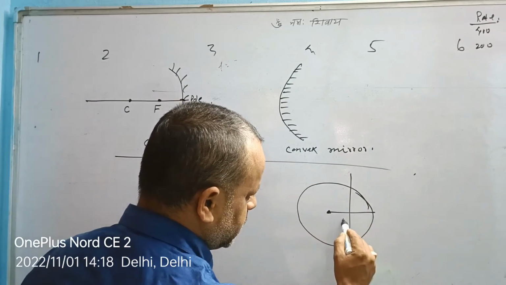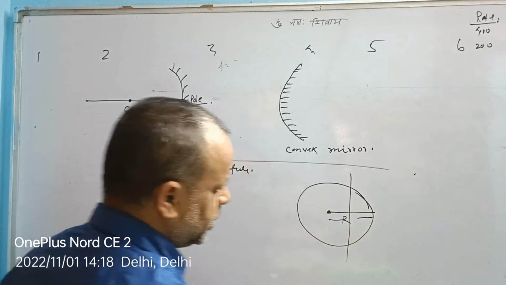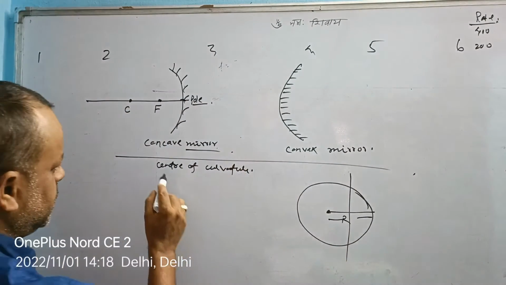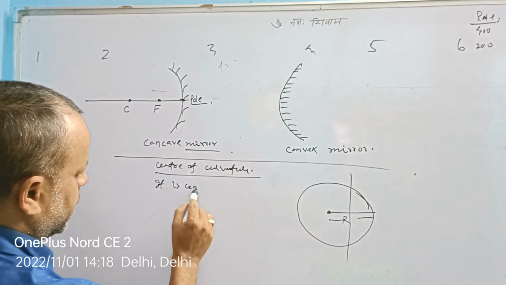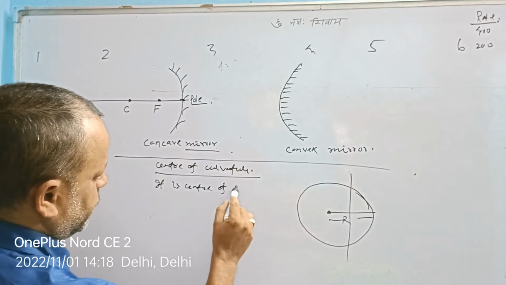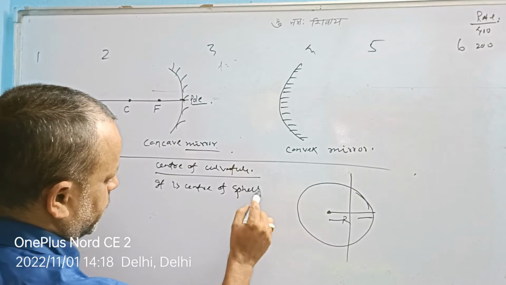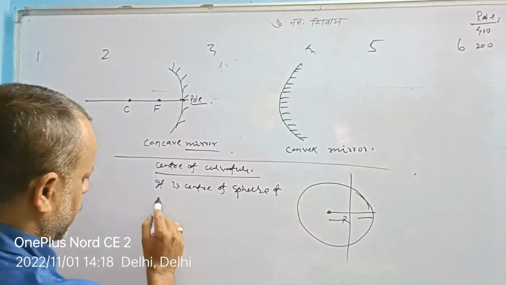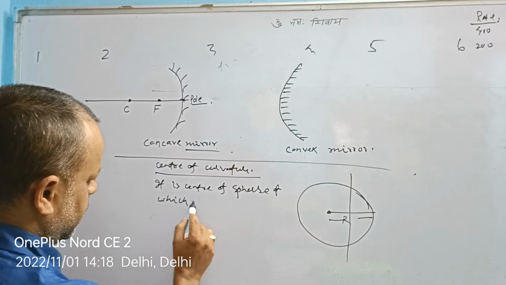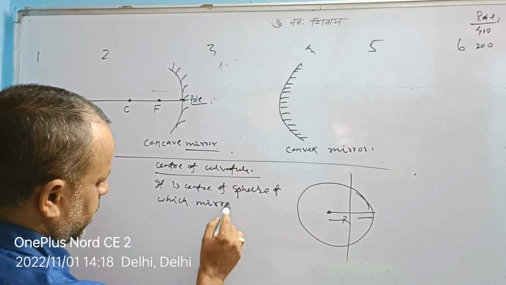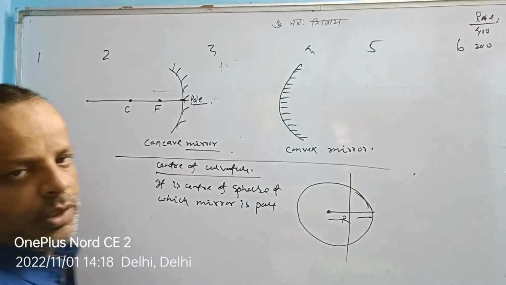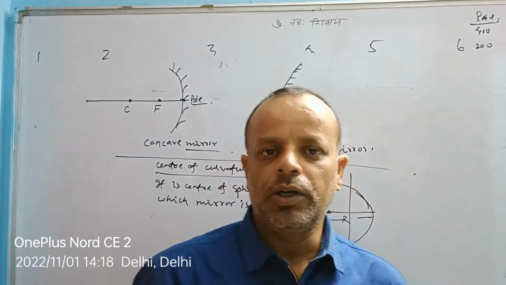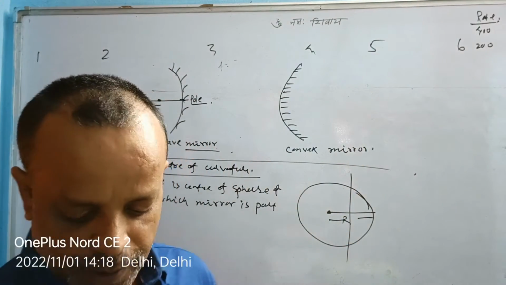The center of this sphere is basically the center of curvature. It is the center of the sphere of which the mirror is a part. It could be either a concave mirror or a convex mirror.